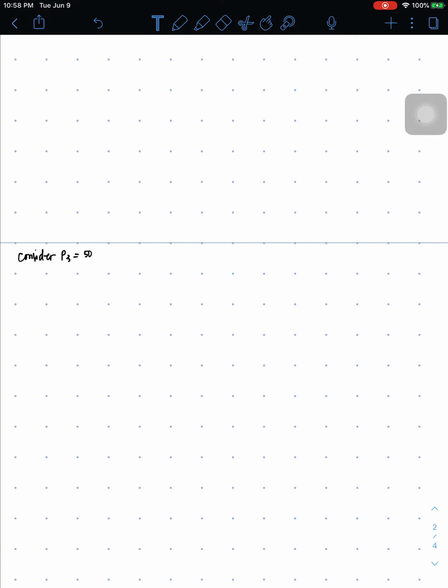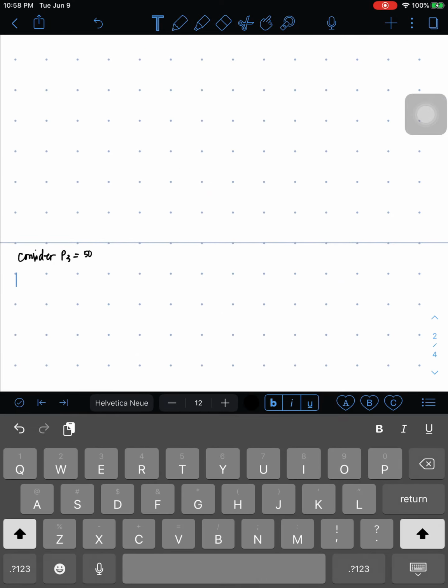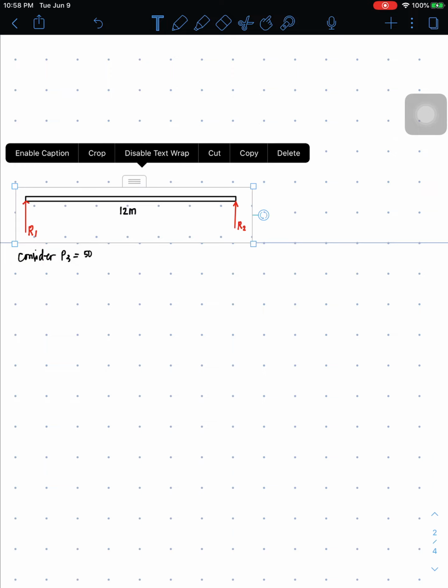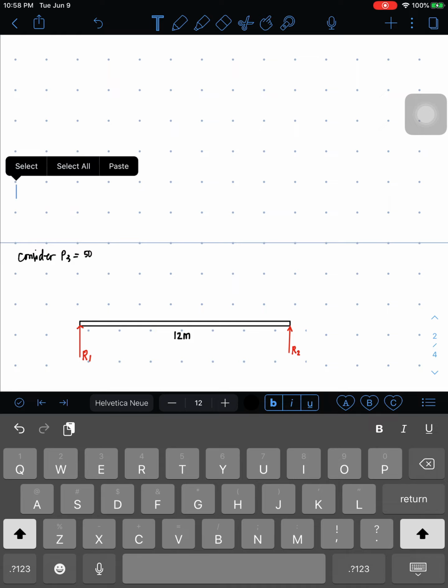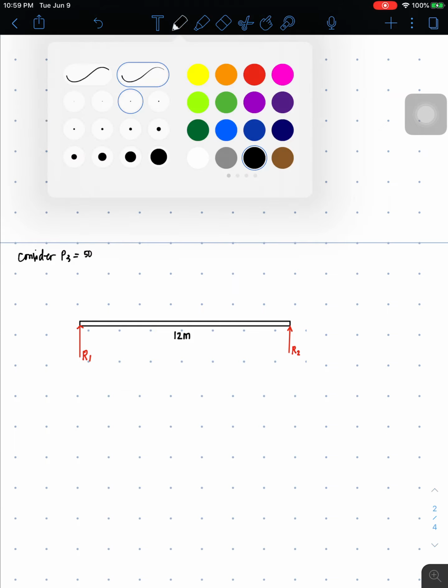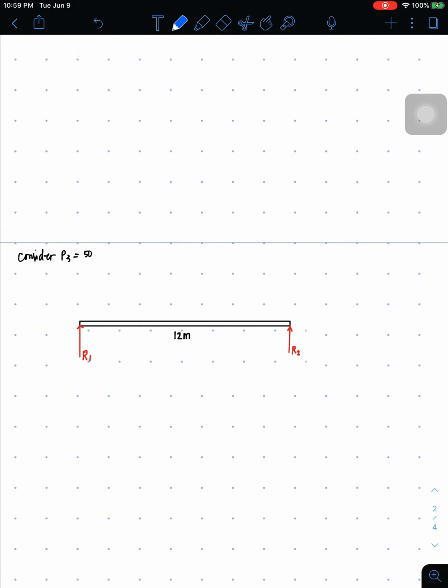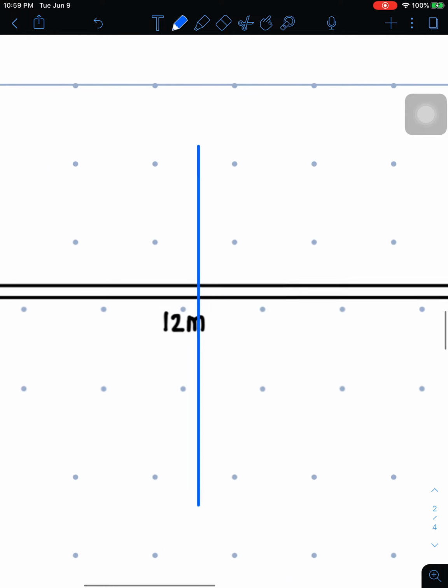And we're going to redraw the figure. Here, this is the figure. Then we're gonna place the center line. And we'll just cut it so it looks like a broken line.